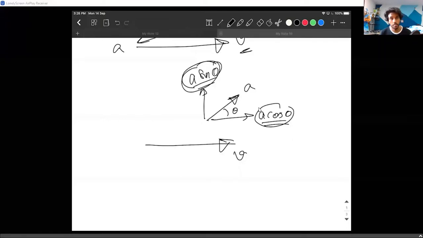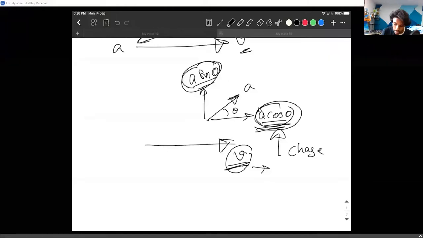The a cos theta component, which is in the direction of velocity, will change the speed. The a sine theta component, which is perpendicular to the velocity, will help you change the direction of the velocity.